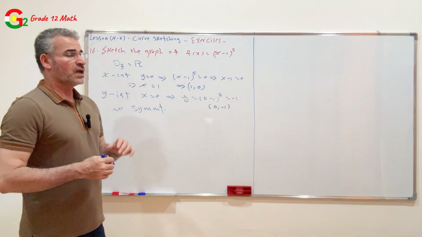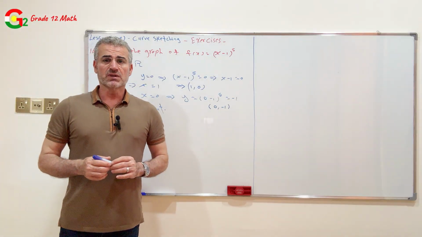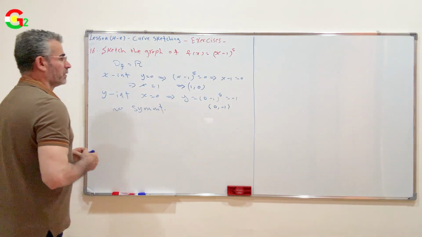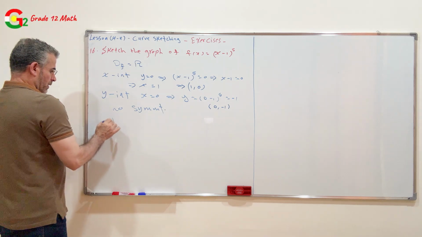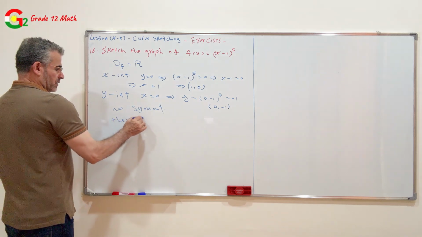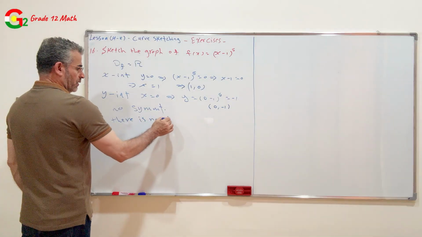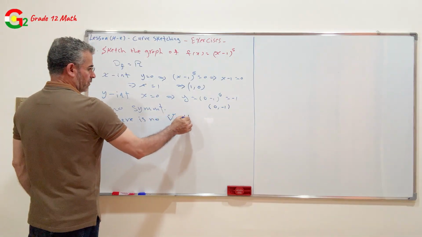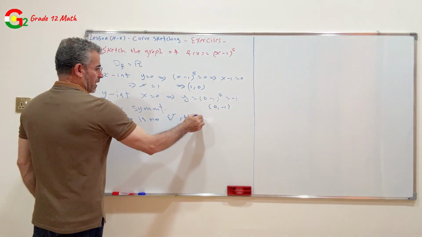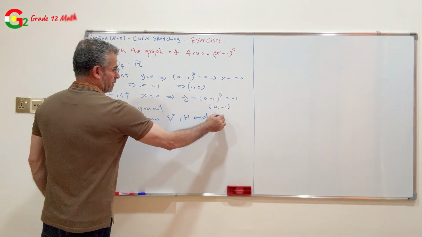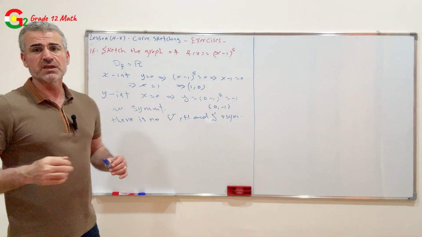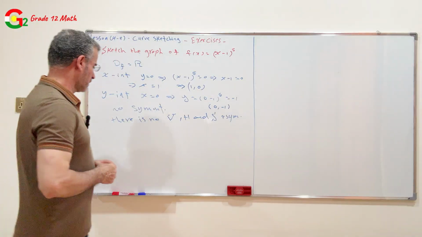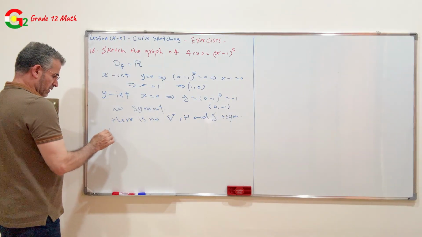And the function has no slant asymptote because it is not a rational function. So there is no vertical, horizontal, or slant asymptote.